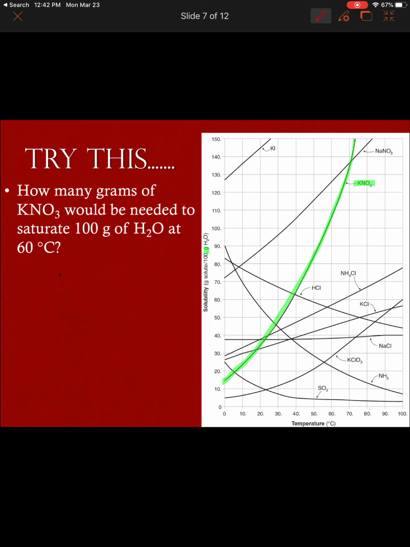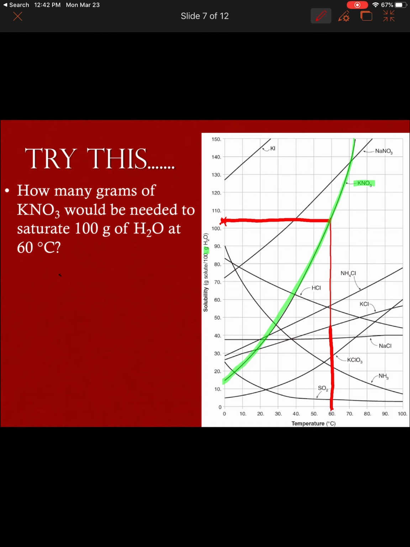So we're going to go to where it says 60 degrees on the temperature scale, and literally draw a line straight up till we hit the curve. Then you draw a line straight across until you hit your y-axis, right there.